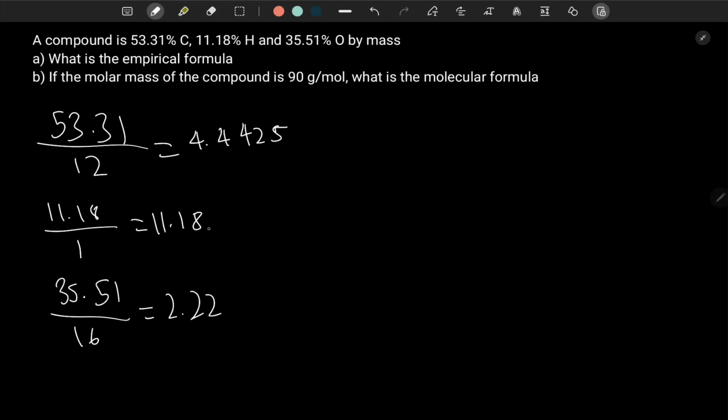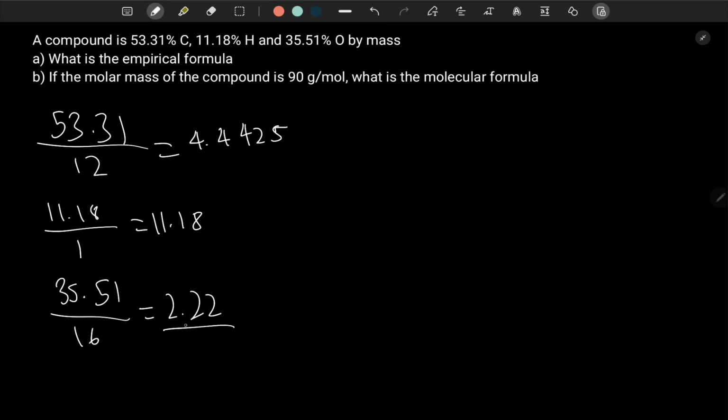Now we need to convert these into whole numbers. The way to do this is to divide all of these numbers by the smallest number that we have over here. The smallest number is 2.22.